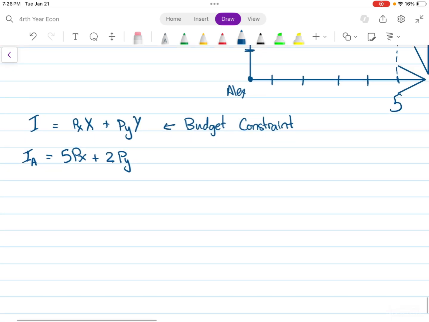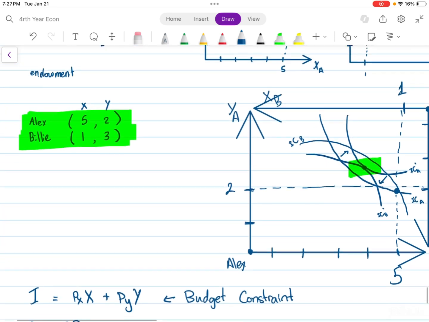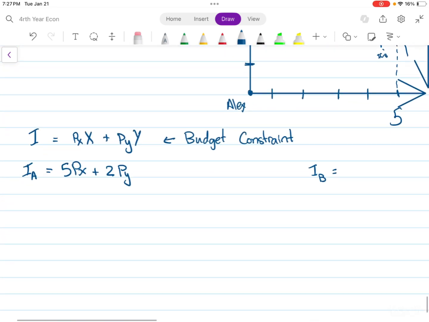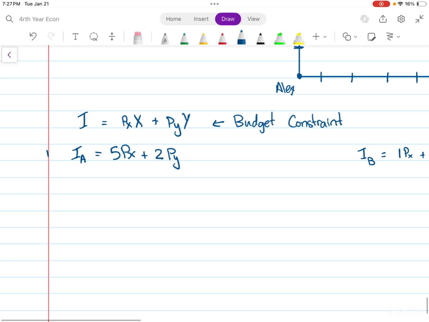Let's do the same thing for Billy. The income for Billy is 1 of good X and 3 of good Y. Perfect. That's the first step, which is finding out what their budget constraints are.